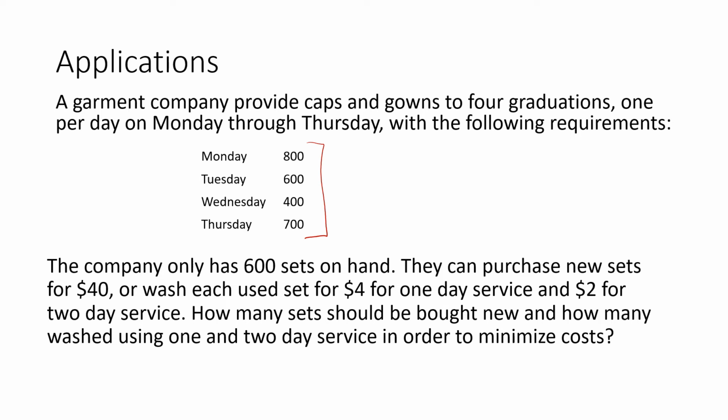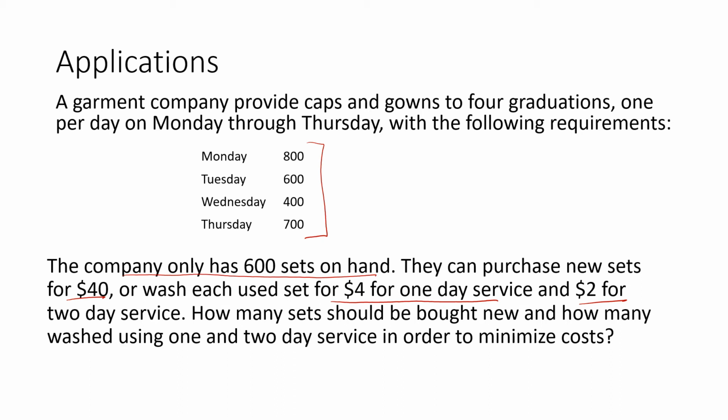Sure we can. So here it says that there's 600 on hand, so they have 600 sets sitting there. They can purchase new sets, or they can wash used sets with either a 1-day service or a 2-day service. So we've got 3 different ways of supplying the demand. We can purchase a new set, we can wash a set that was used the day before, or we can wash a set that was used 2 days before.